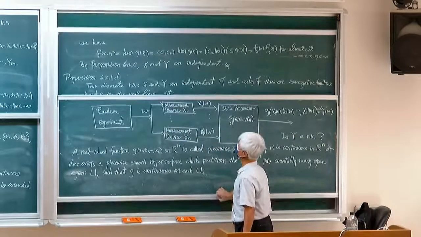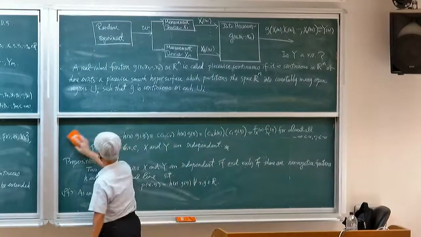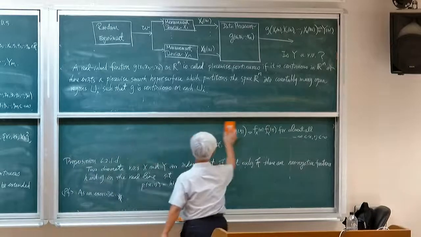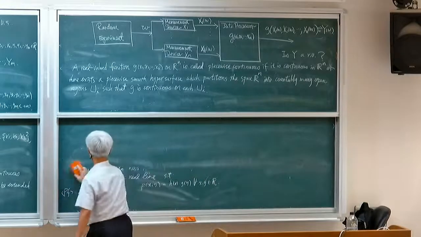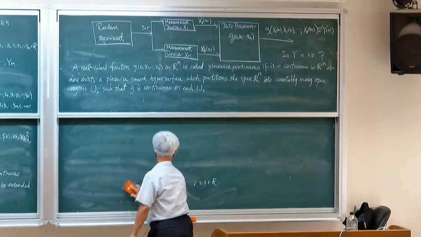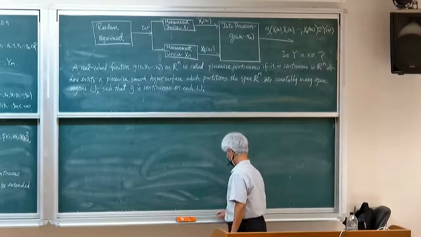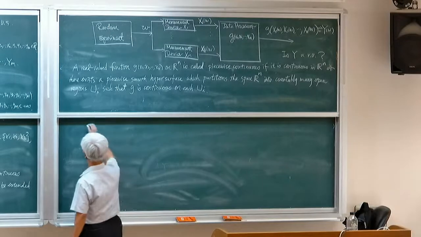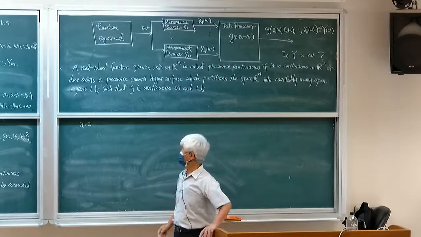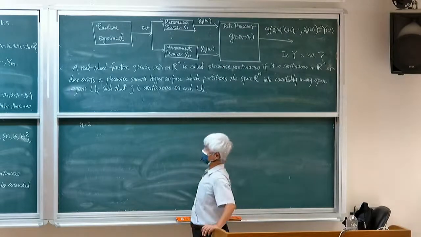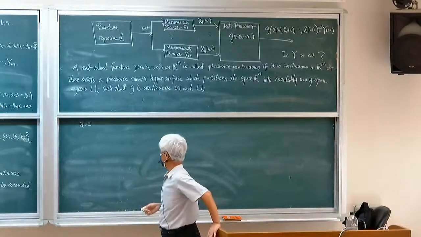All right, let me take a picture to illustrate the idea. So n equal to 2. Now we consider a function on two variables, x and y.